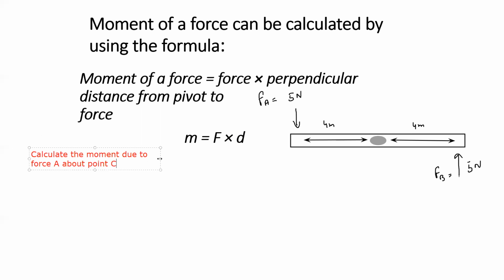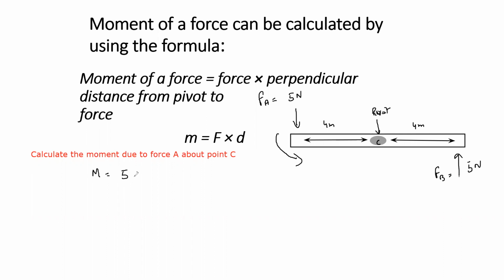This is the pivot, which is also known as point C. So if we want to calculate the moment of force A about point C, we only want to calculate the turning effect of force A. The moment is given by force multiplied by distance.